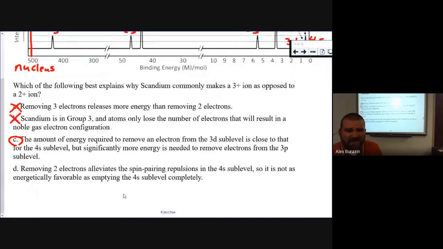And the second part is contradicting or trying to say the exact same thing, okay? If you remove 2 electrons, it alleviates the repulsion. Sounds pretty good. But it's not as favorable as emptying the 4s sublevel. Well, if I took 2 electrons, I did empty the 4s sublevel because that's where the first 2 electrons would get taken from. So it's contradicting itself right in the middle of the sentence. Anyway, so it's not D either.